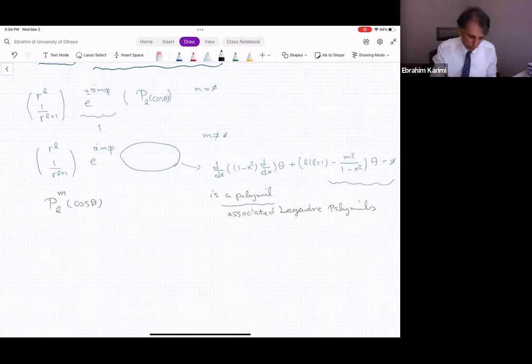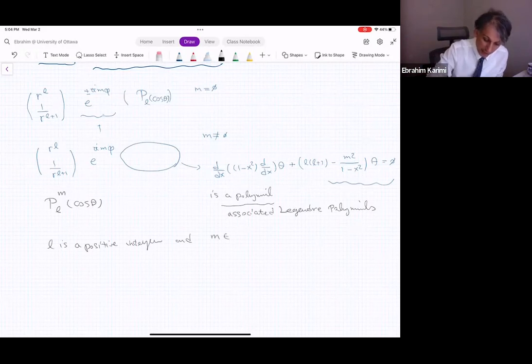Applying this condition will tell you that L is a positive integer. And now we have another condition on m as well, that m belongs to -L to L.